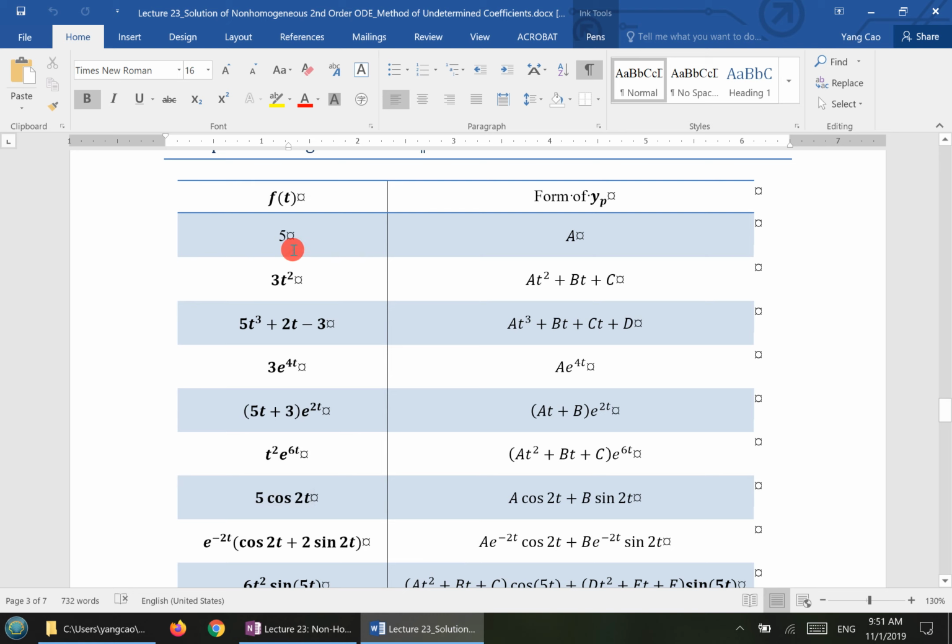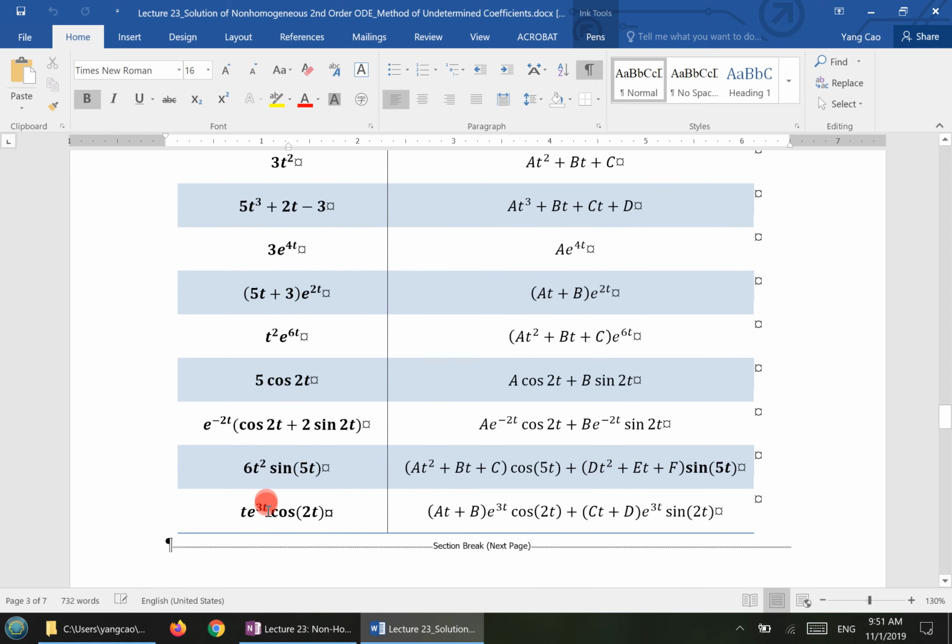This is fine, this is just a constant. That's also fine, that's just an exponential function, t to the power 2. Same thing, this is also fine. This is all good, just one single type. But then here there is a combination of exponential and a t function. And same thing like this one, you have a combination of exponential and a sinusoidal. Then in this case, you need to modify the rule, which we call the sum rule.